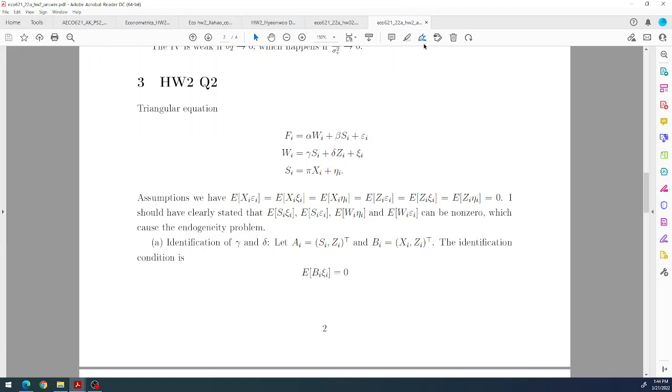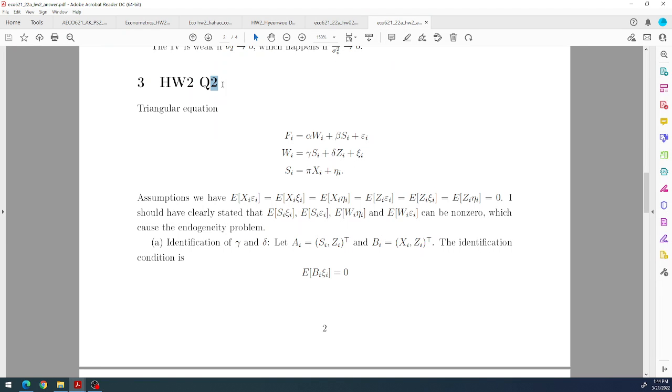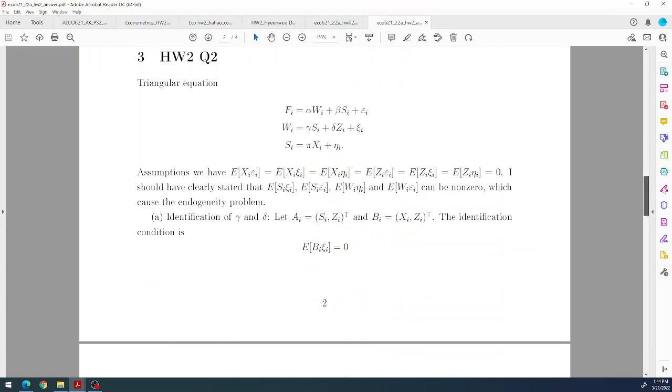And then I was not clear in, actually it's number 5. I did not change the number. So in here, this is what I meant. So X and Z, the instrumental variables, are uncorrelated with all three disturbance terms. It's clear. And the problem is that these are non-zero. The endogeneity is coming from this.